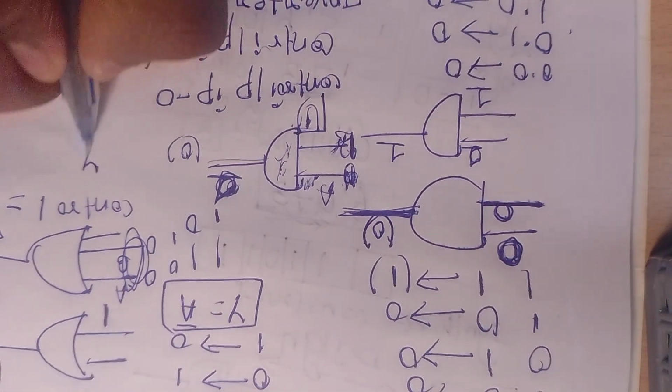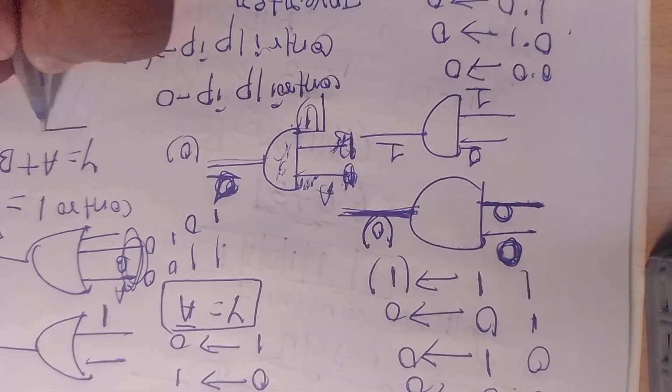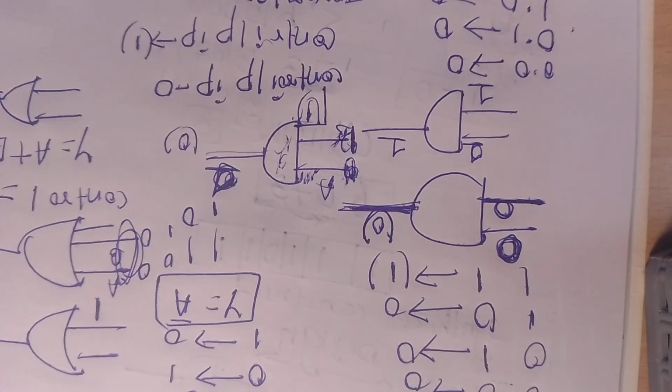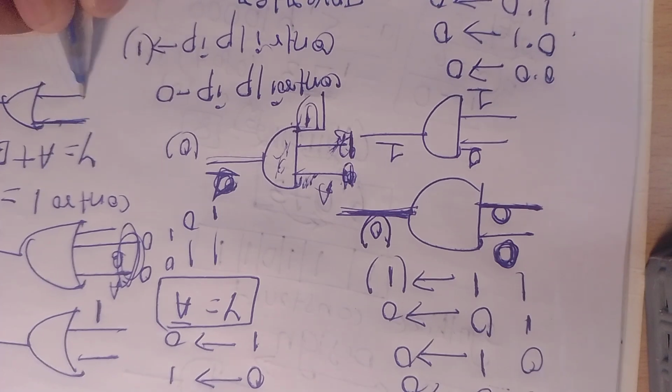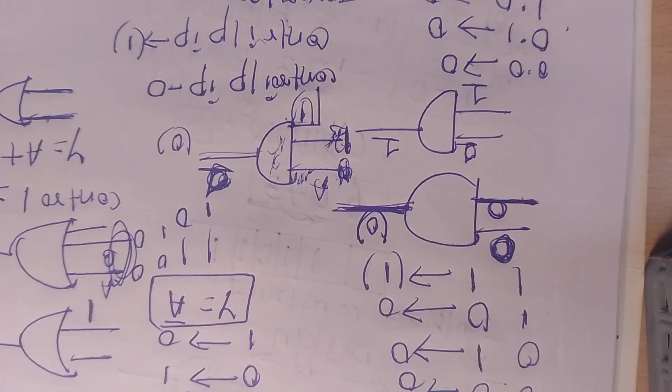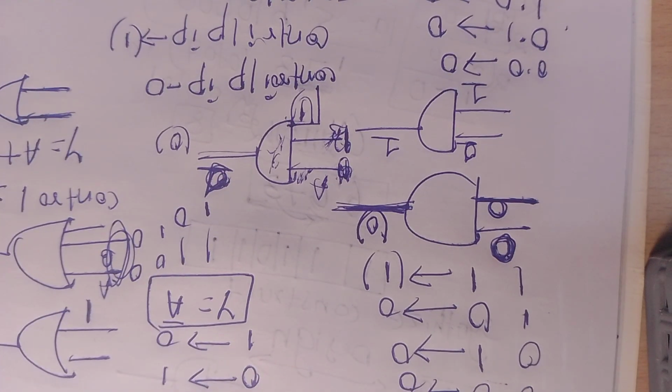So y equals a plus b, and this is the symbol of that gate, as we have discussed. So we have now discussed the three basic gates.